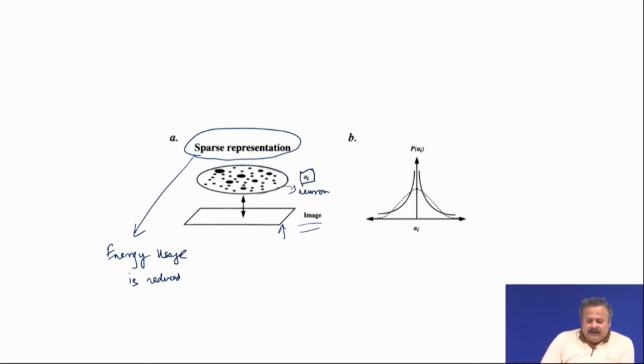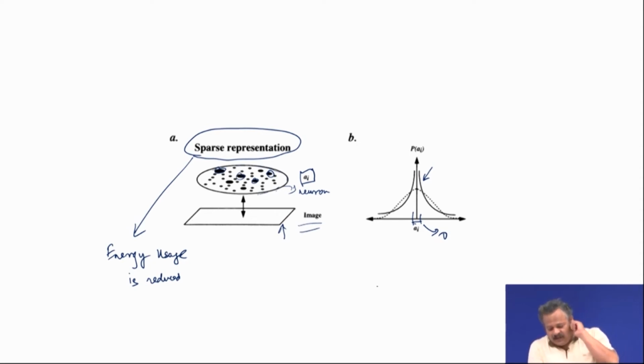What is being depicted here in the dots is that only a few of those units are active with a high amount of activity, while most of them are not active or minimally active. And for different images, different sets of units will be active with higher levels, while others would remain near zero values. This idea of sparseness was incorporated by them by using a distribution of the activity of this nature, which has a huge amount of mass near zero.